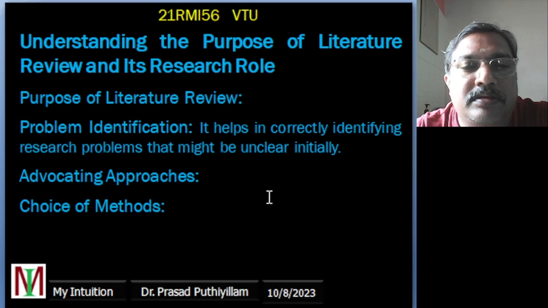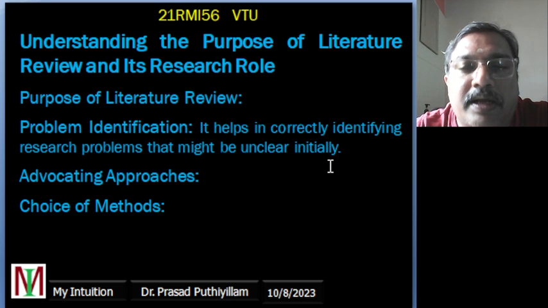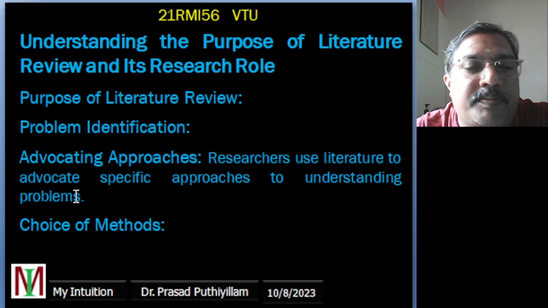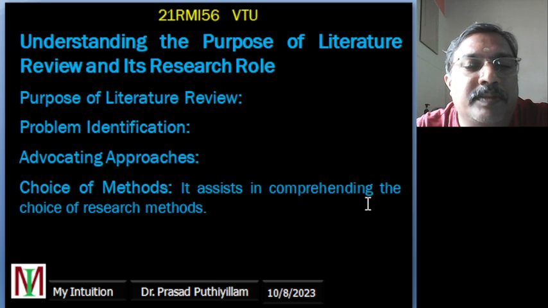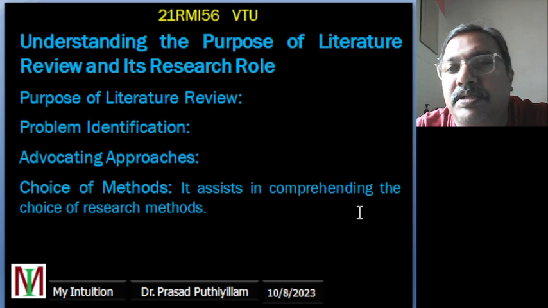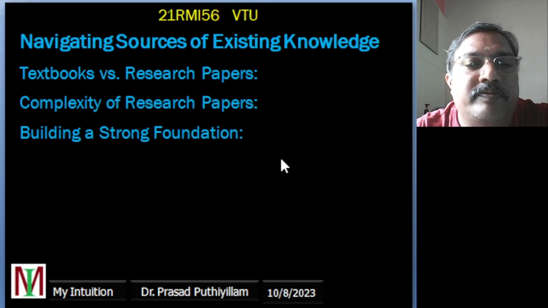It is problem identification. It helps in correctly identifying research problems that might be unclear initially. Researchers use literature to advocate specific approaches to understanding problems. It assists in comprehending the choice of research methods. That is the first point, understanding the purpose of literature.